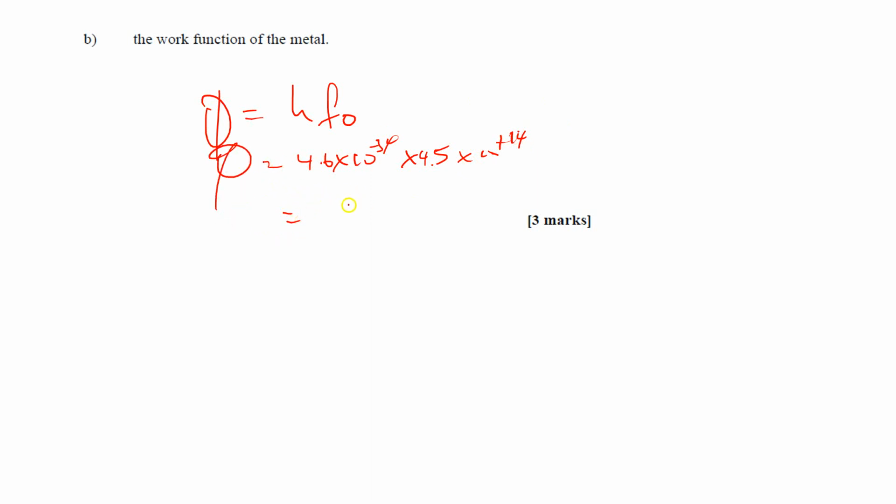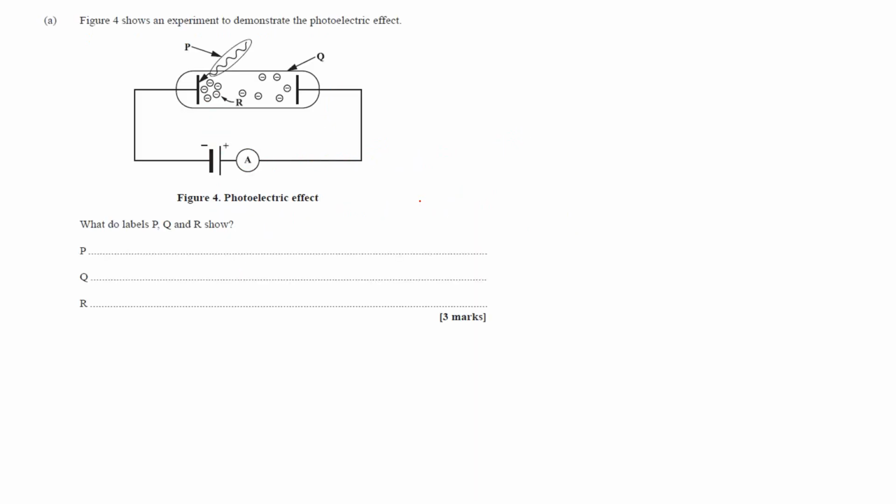So with that being said, 4.2 times 10 to the minus 34 times 4.5 times 10 to the 14. I'm getting that the work function has a value of 2.07 times 10 to the minus 19, and this is in joules. So I believe that would cater for that answer. Now, if you have a different work function, you can let me know.